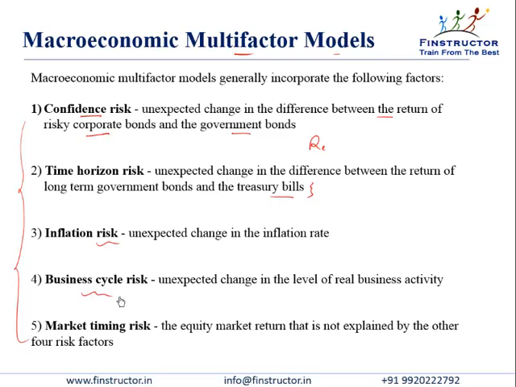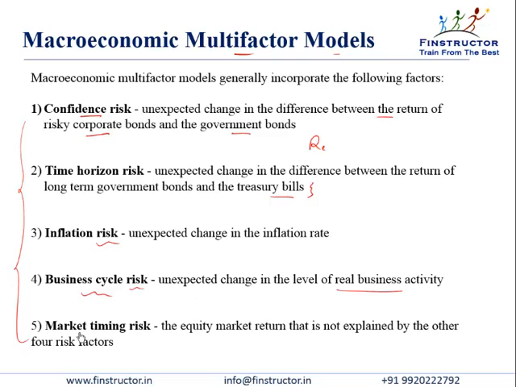There is business cycle risk, that is unexpected change in the level of real business activity. Could be for any reason, bad government policies or low demand or some natural disaster. So there is confidence risk, there is time horizon risk, there is inflation risk, there is business cycle risk, and there are other risks also.